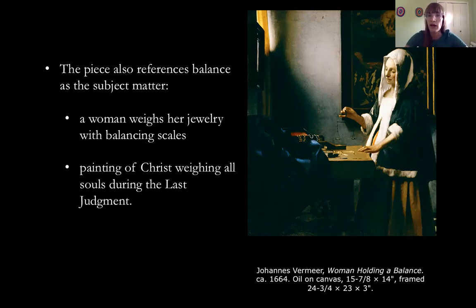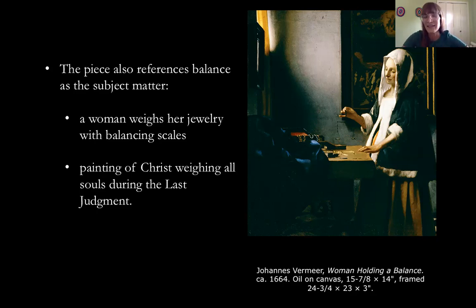This is a painting of Christ. You can see Christ here at center in a heavenly realm. And this is supposed to be a painting of the Last Judgment. And what happens on the Last Judgment? Well, the story goes that Christ is going to weigh everyone's souls and decide who goes to heaven and who goes to hell. So this painting is not only exemplifying balance in composition, but also makes us think about balance in subject matter as well.